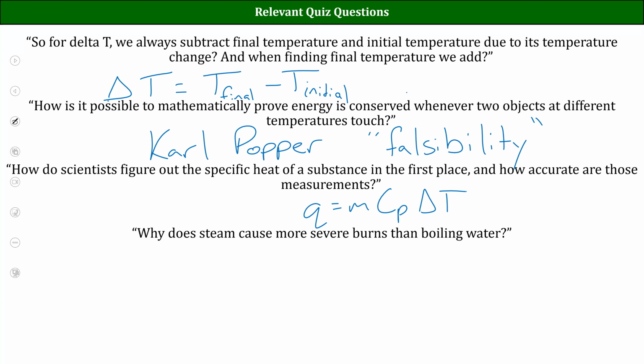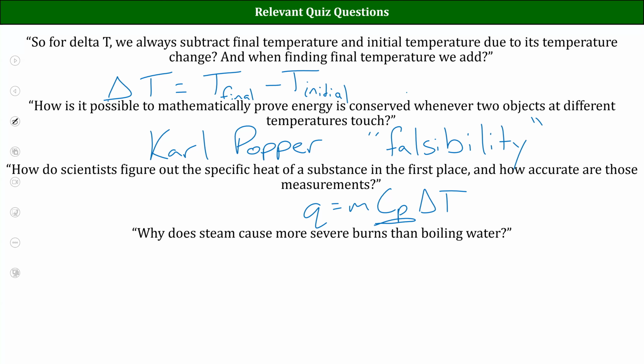And then eventually later on, they defined a joule. But basically, we had to start somewhere. That 4.184 number is not inherently useful. It's just useful because that's what we picked for our definition of what a joule is.